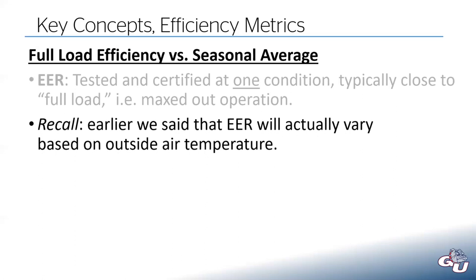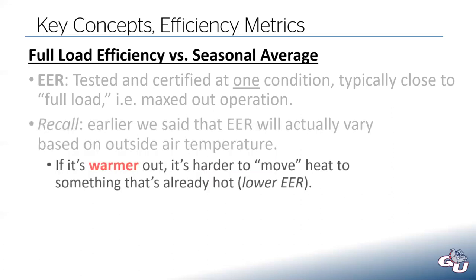But if you remember, earlier I said, well, EER actually varies based on that outside air temperature. So in actual practice, your EER could be higher than that or lower than that, depending on how warm or cold a day you actually have. Because if it's warmer out, it's harder to move that heat.